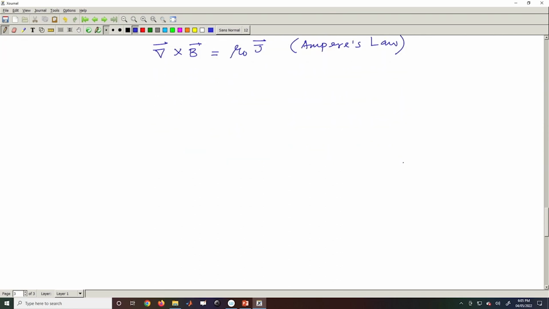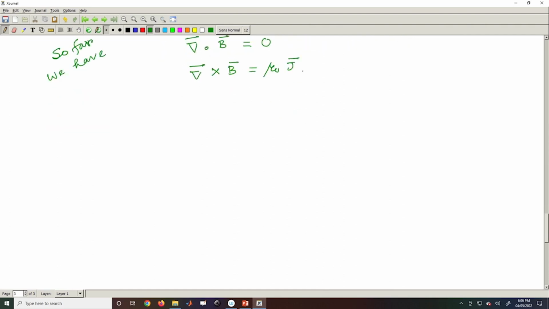Okay, so far we have, I already wrote that today, divergence of B is equal to 0, that we proved a few classes ago, and now today we write curl of B, which is a non-zero quantity, is mu 0 J.